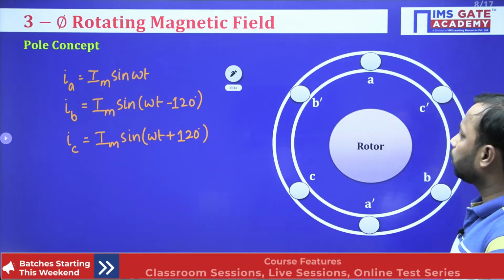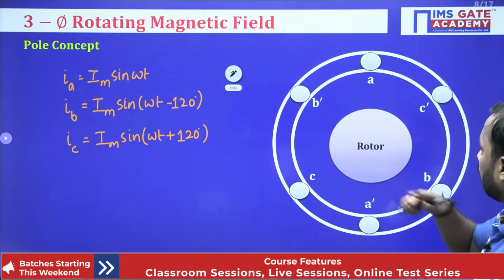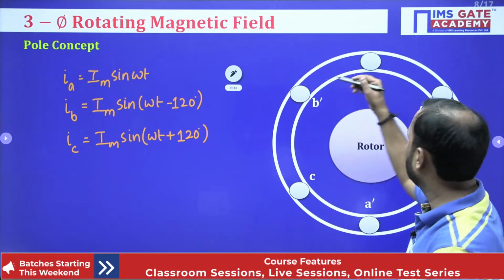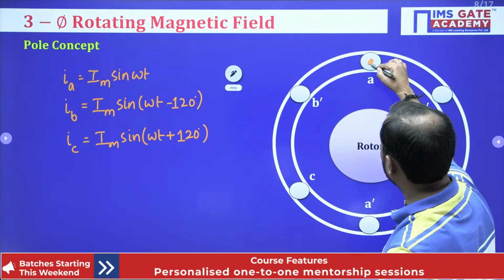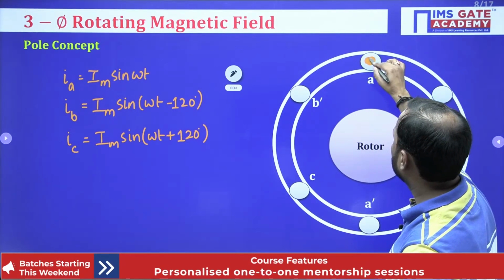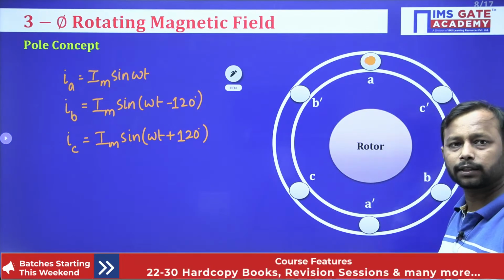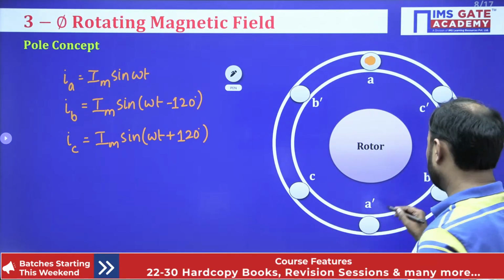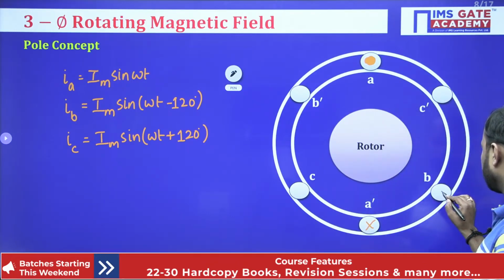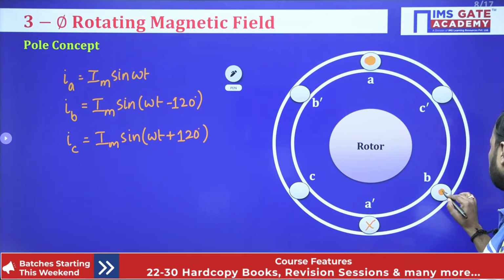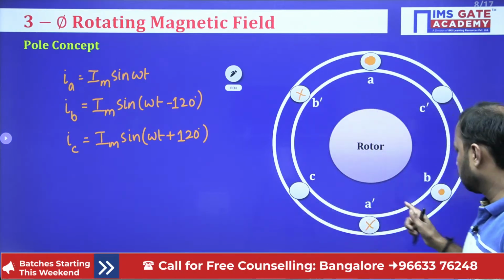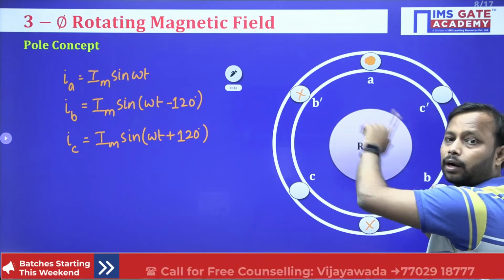So what we need to do here? Earlier we assumed the direction of current as dot. This was the dot and this was the cross. Similarly for phase B, this was the dot and here cross, because these are the conductors of the same coil.